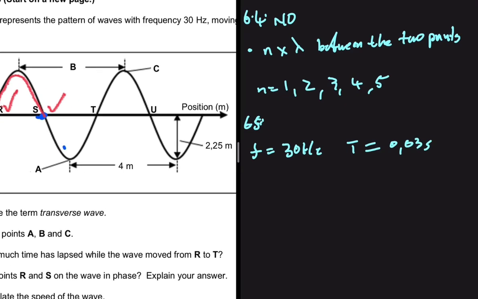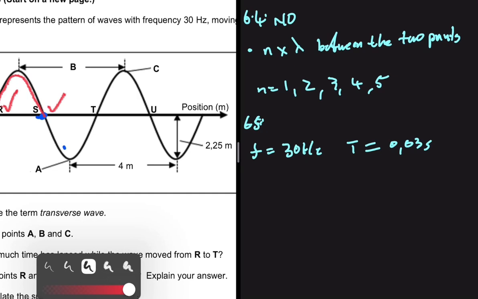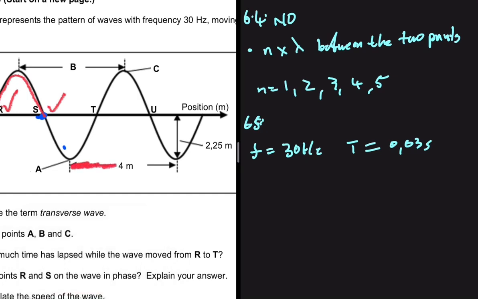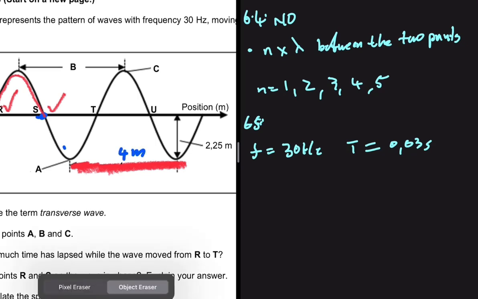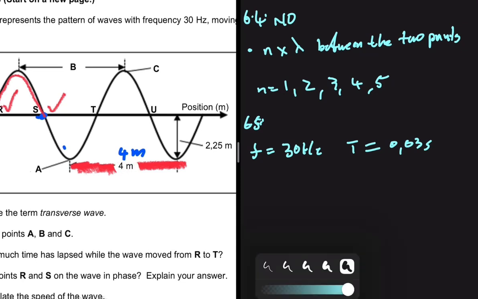Let's look at our graph. We can see that the distance between this point right here to this point is 4 meters, right? It's written here. I just covered it as I was trying to show you the points. The distance between those 2 points is 4 meters. That is the wavelength. Those 2 points have one wavelength in between them.